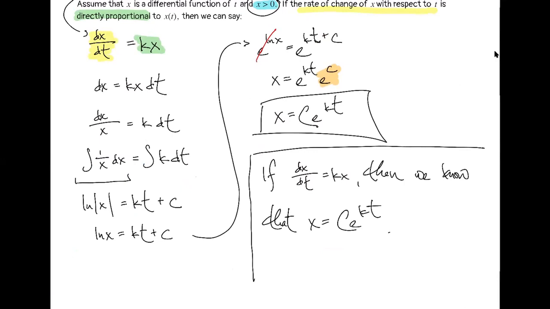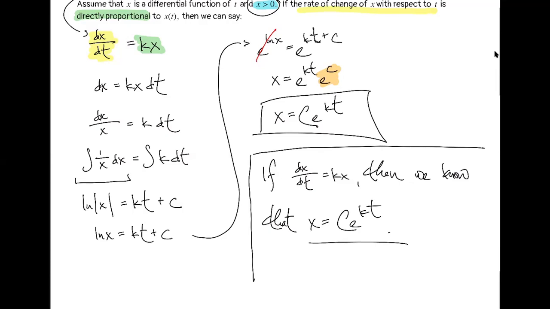So we're not going to do all of that work, like separate, integrate, e both sides, and then bring that constant down. We're just going to say if we know that the rate of change is directly proportional, then this is going to be the equation that we need to solve.